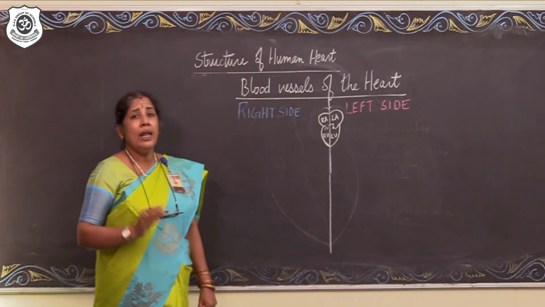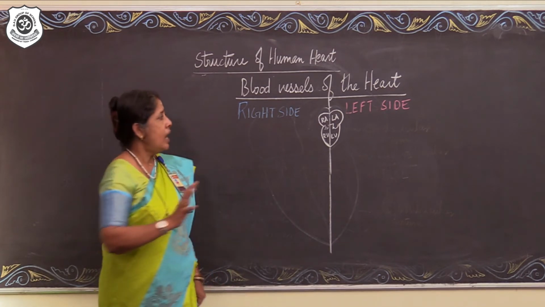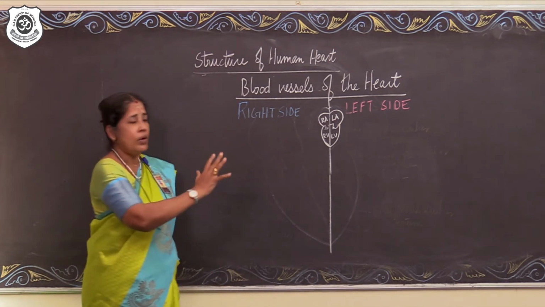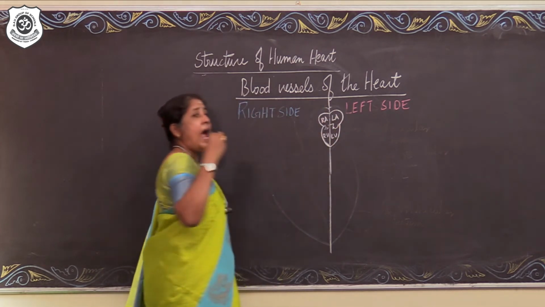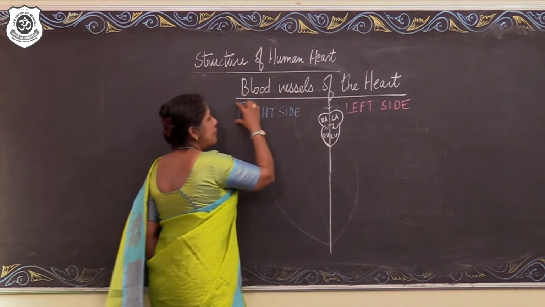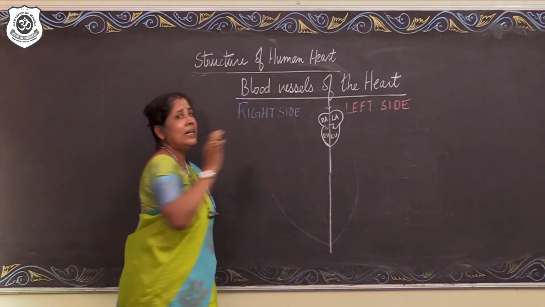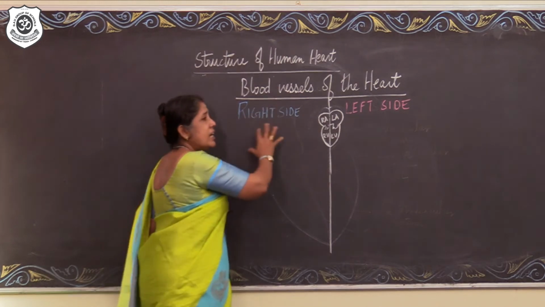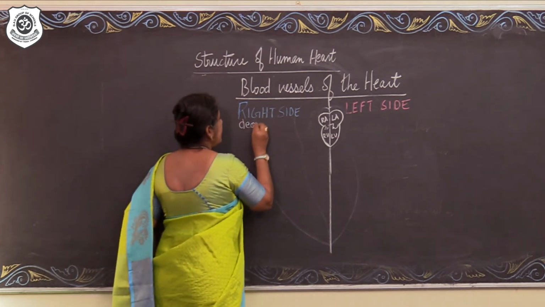Right. Now, let us see what are the various blood vessels that are connected to the heart. I have divided my board into two parts, referring to the right side and the left side. And if you see, I have written the caption here in blue and I have written the caption here in red. The blue color indicates that the right side of the heart deals with deoxygenated blood.